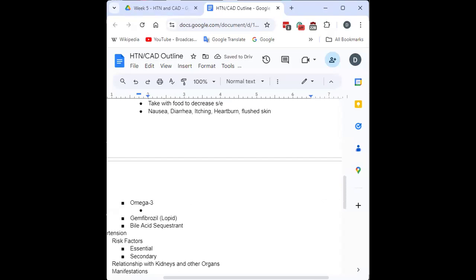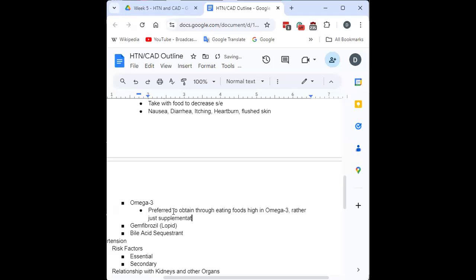It's preferred to get it through actual food. Nothing wrong with taking the supplements, but if possible, we'd rather them actually have the food directly.